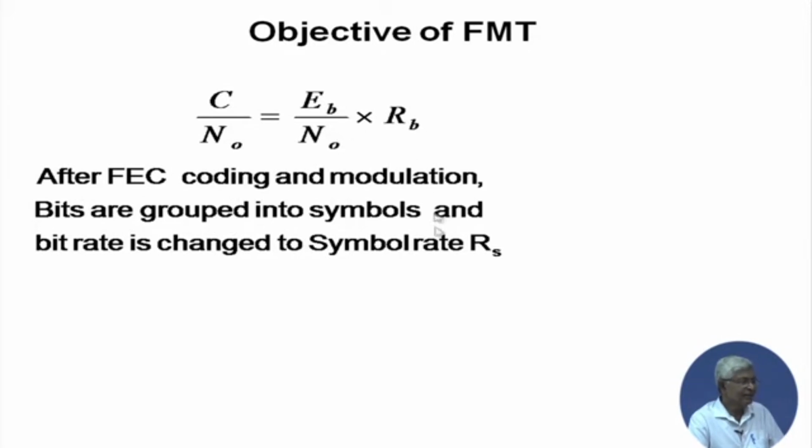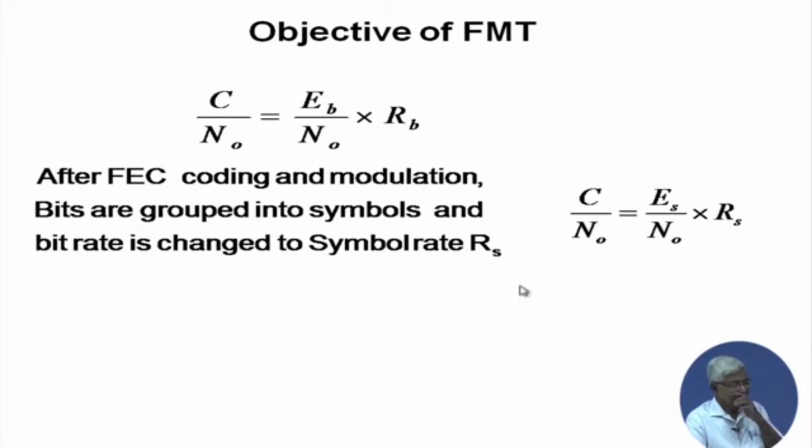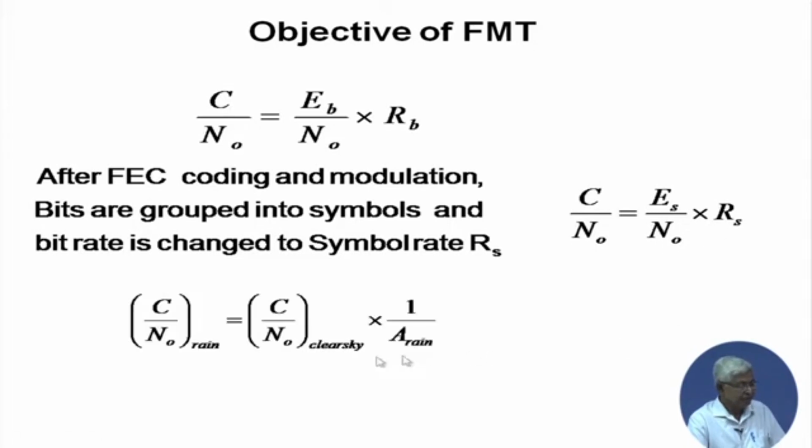So, this RB can be called RS. So, it is a symbol rate instead of bit rate. So, EB by N naught we can call ES by N naught, and RB can be called RS. So, C by N naught can be stated as ES by N naught into RS.